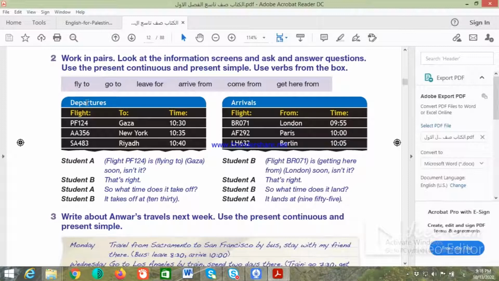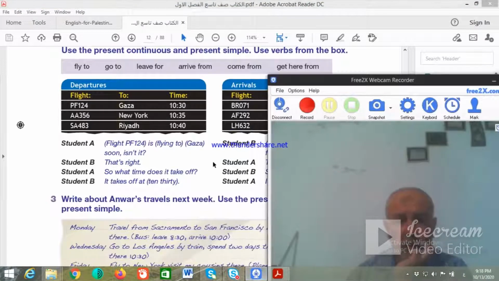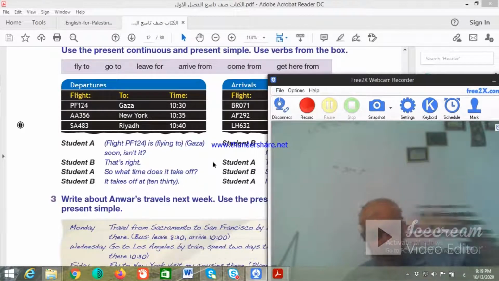Fly to. What's the meaning of fly to? يطير إلى, من مكان إلى مكان. Okay. Go to, يذهب إلى. Leave for, يغادر إلى. Arrive from, coming to us.